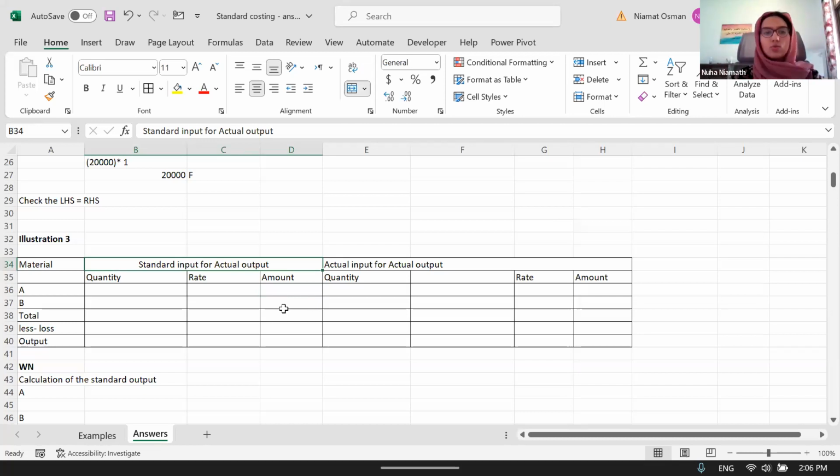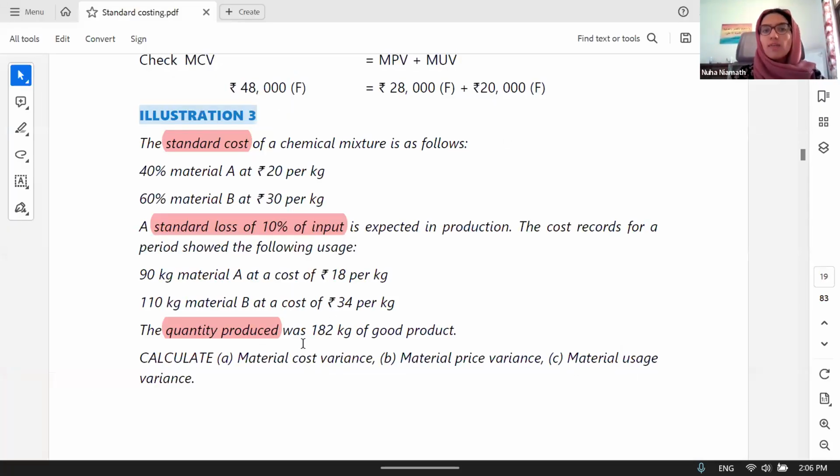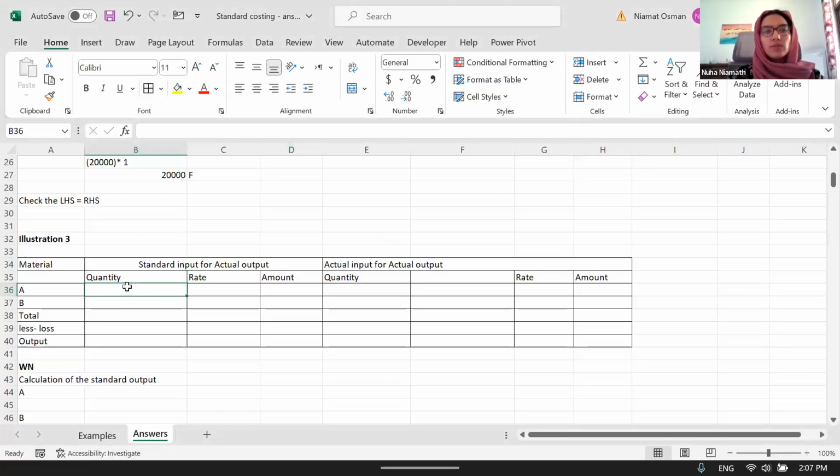Always actual output. What is our actual output in this case? 182 kg. This is our actual output. Right? So what is our quantity here? Standard input for actual output. Okay.